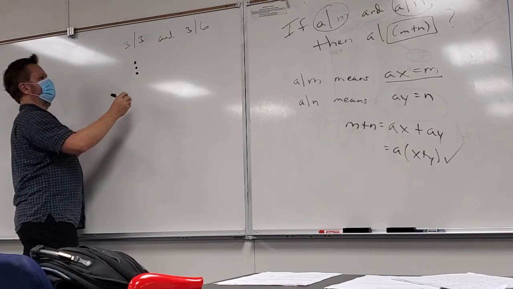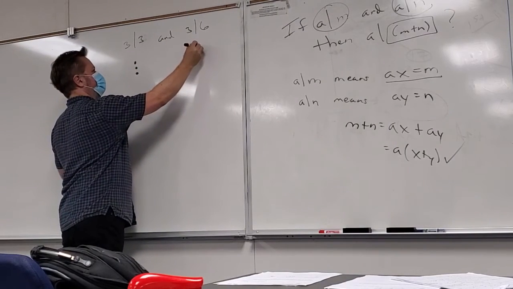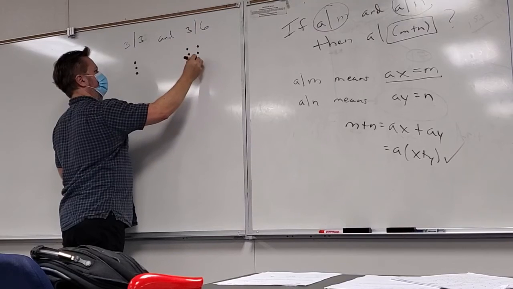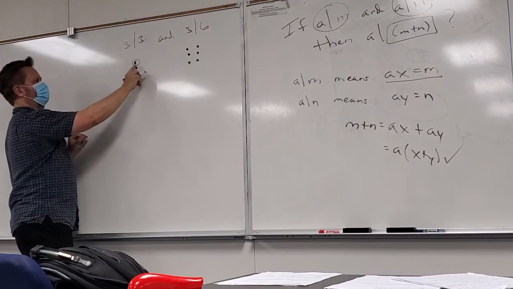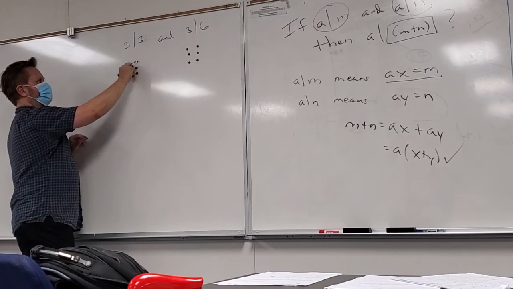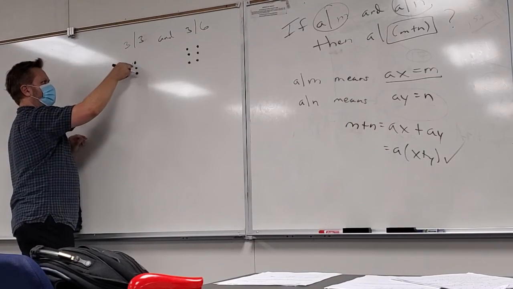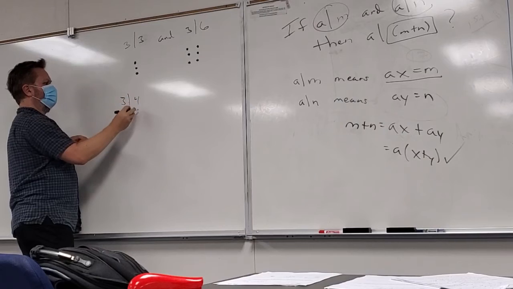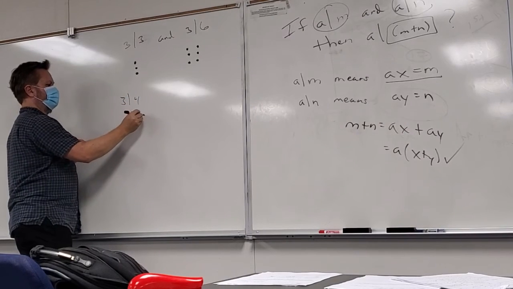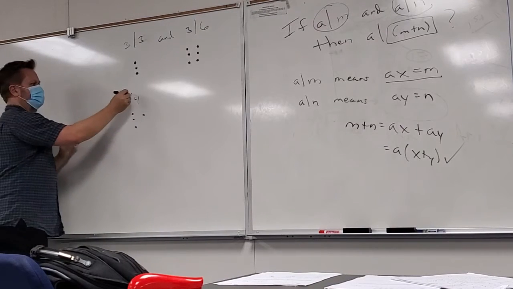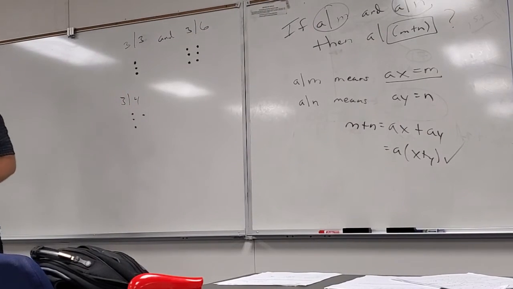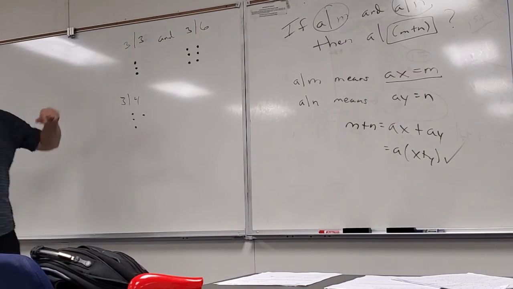Okay. 3 divides 6. So 3 divides 3, so this will be 1. That's 3 divided by 3 is 1. I need 1 row to put 3, right? 3 does not divide 4 because I have an extra 1 out. Let me make sure everybody understands the pictures I'm trying to make. There's a symbol for does not divide, because does 3 divide 4? No.